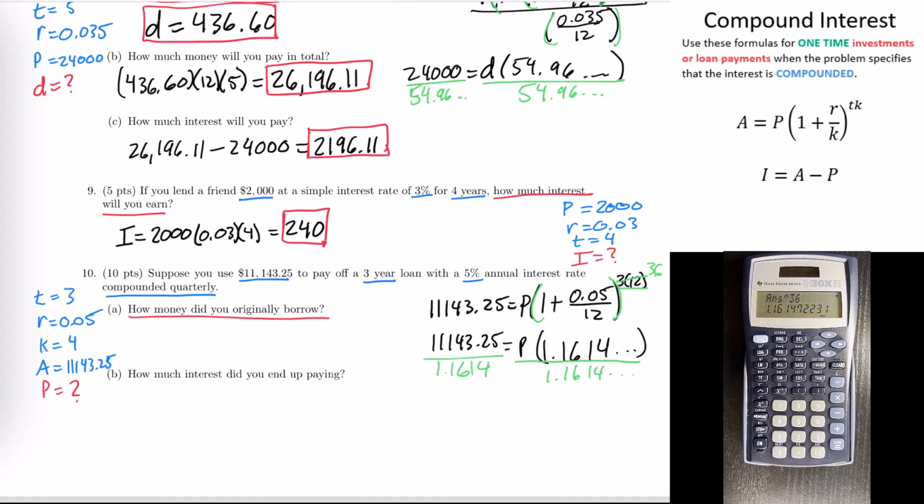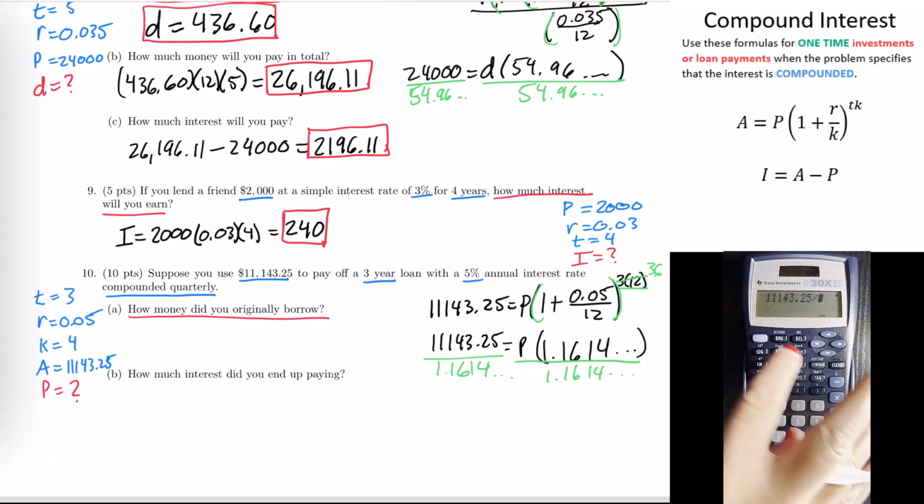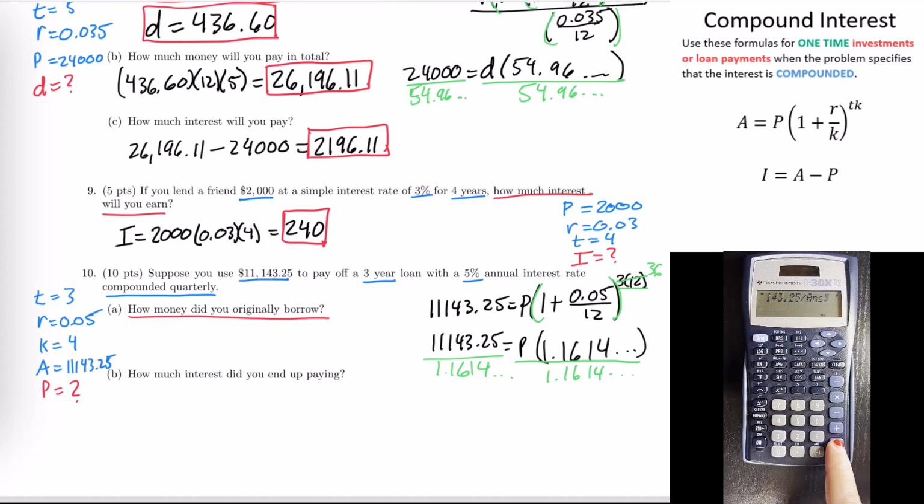And when I do that, $11,143.25 divided by the answer I have stored in my calculator tells me that P equals $9,594.07. So that's what P is.